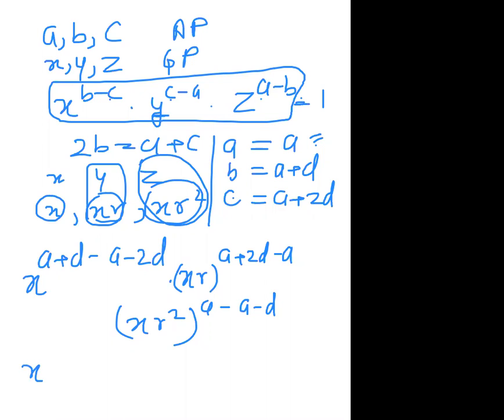So we get X to the power minus D, because A cancels, then XR to the power 2D, then XR squared to the whole power minus D, again A cancels. This we need to take to the next sheet. Let me copy it somewhere so that there is no mistake.